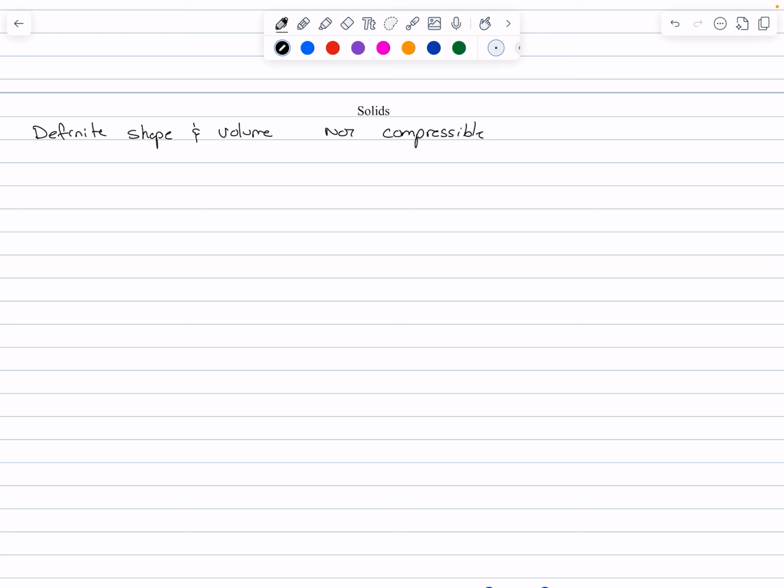But some of their properties, and what properties are we talking about? Are we talking about melting point and vapor pressure? Right?